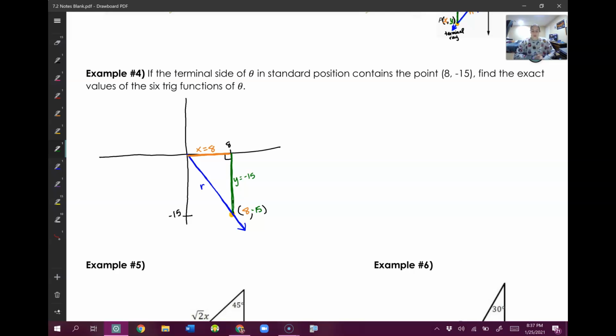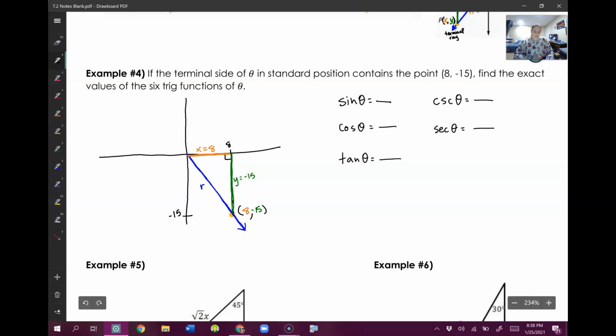And then it says, using this, we need to find the value of all 6 trig functions. So I'm going to start by getting all of these written down. Okay, now just like we did in the second video, we have 2 sides of my triangle but not the third.